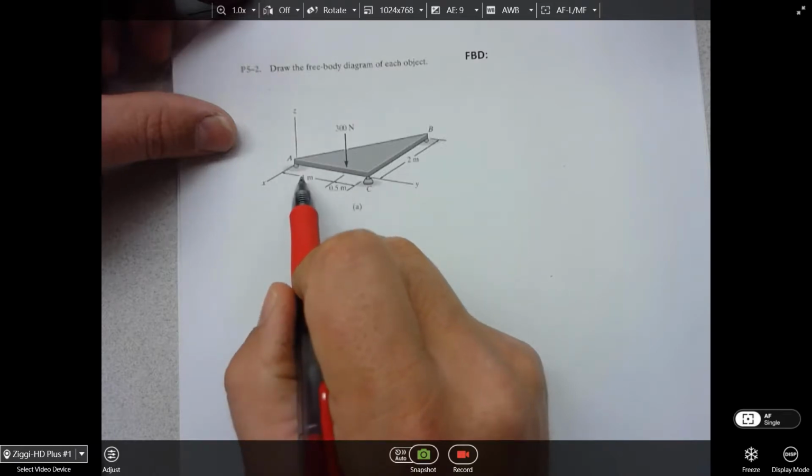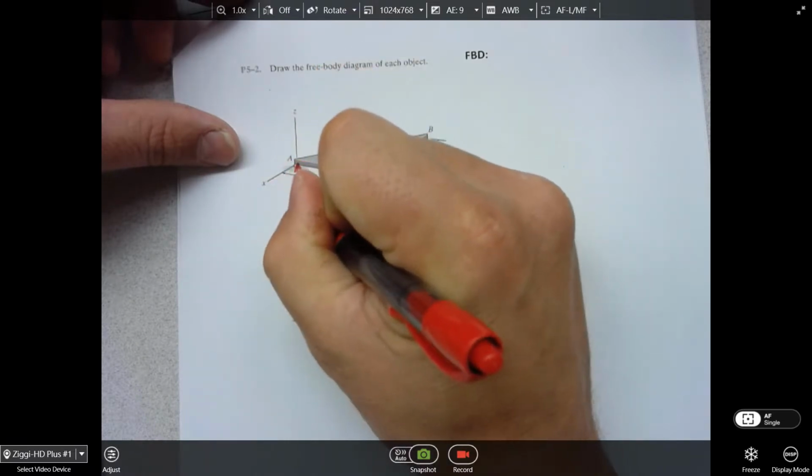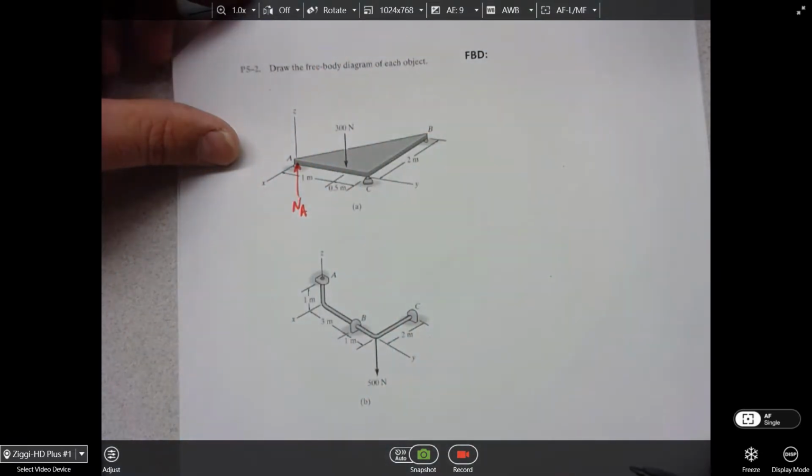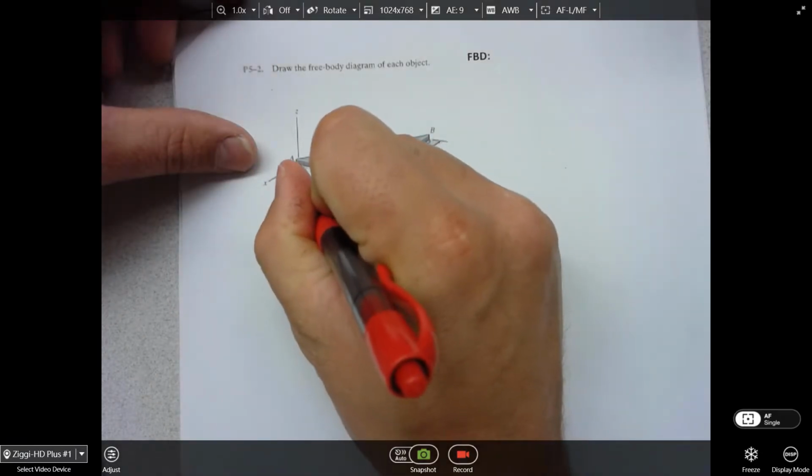Brendan's pointing up at the ceiling, and he's right. It's just going to be a normal force at A. Okay? What direction is that normal force going to be? Perpendicular to the surface, but in this drawing, what direction is that? It's the Z direction, so we could say it's in the K hat, right?